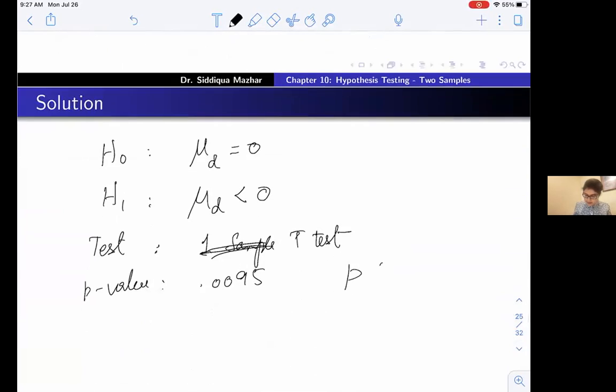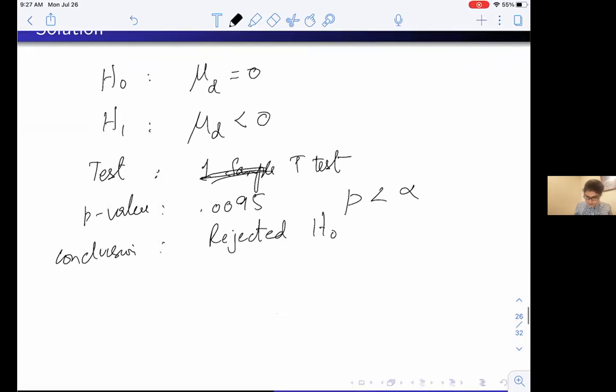So it means p value is less than alpha. So what is my conclusion? If p is less than alpha, that means we are rejecting the null hypothesis. So if you reject the null hypothesis, it means alternatively you are going to accept the alternative hypothesis.